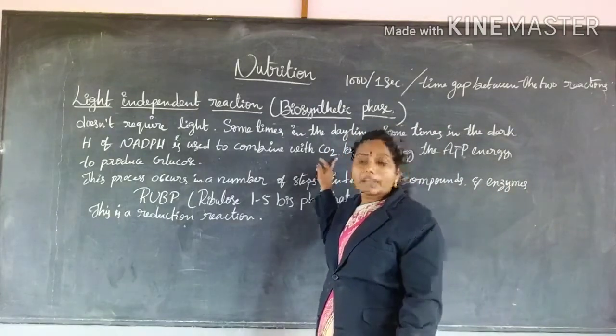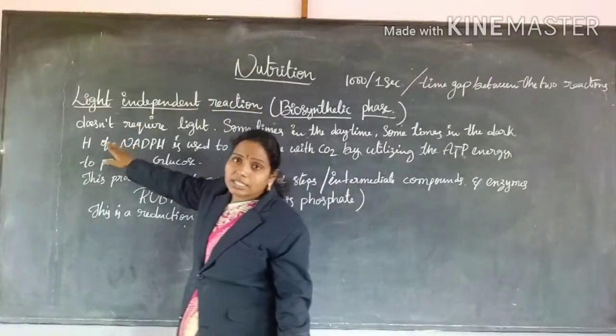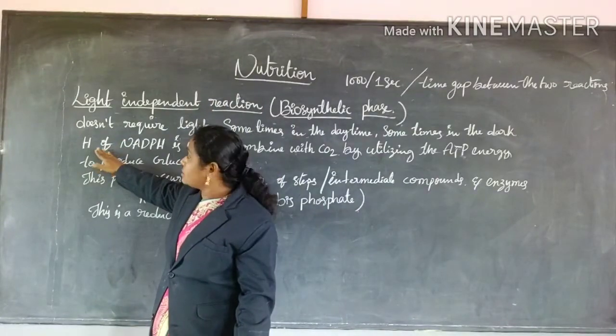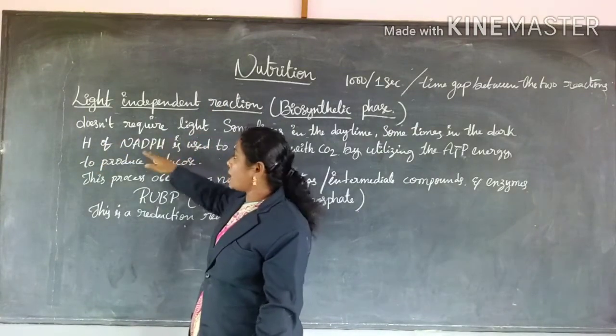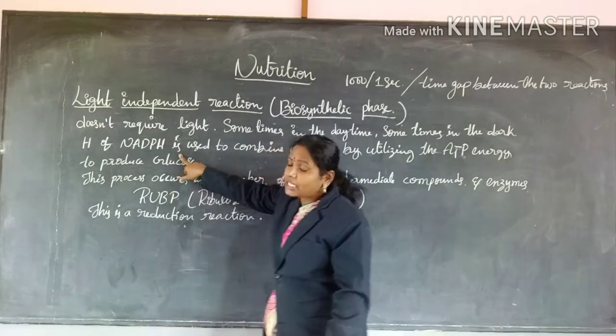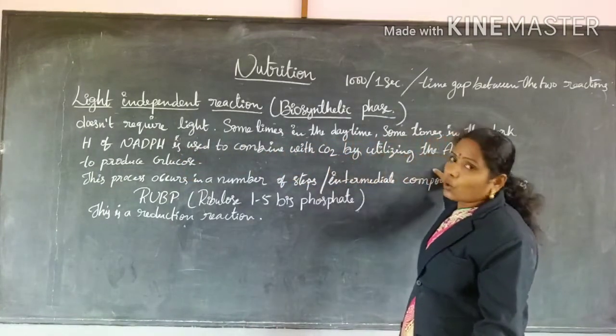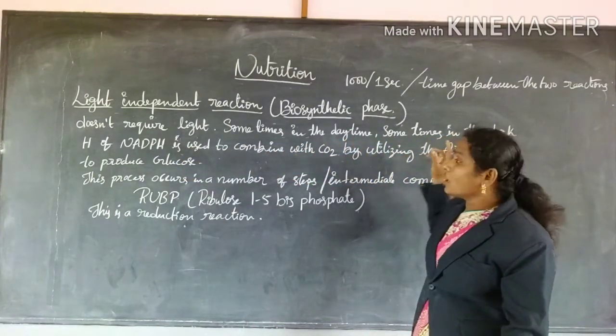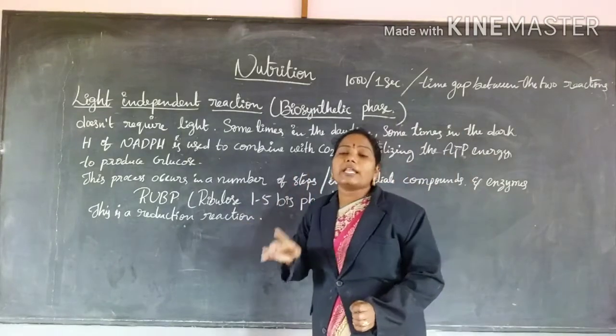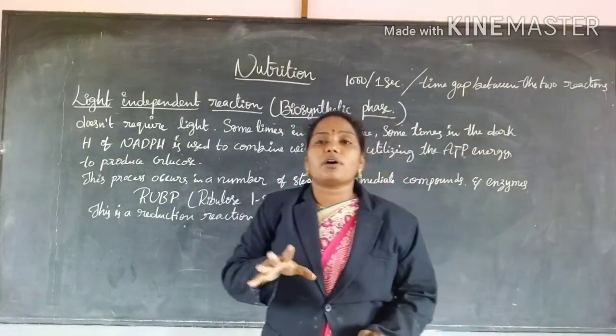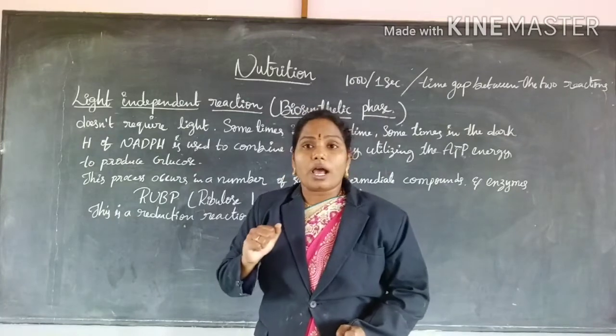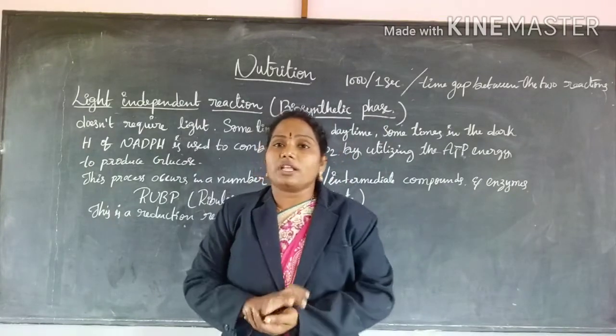So CO2 is combined with this hydrogen of NADPH to form the glucose. And here the energy is utilized in the form of ATP. So I think you are understanding the topic.